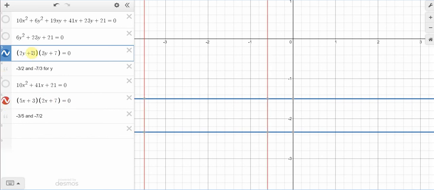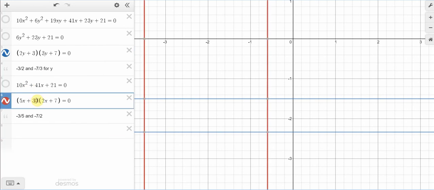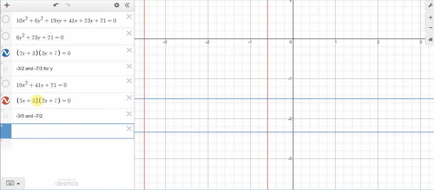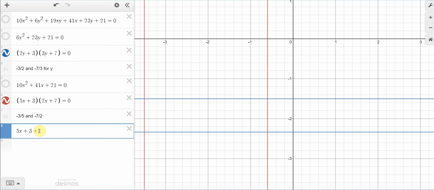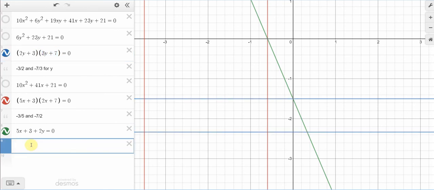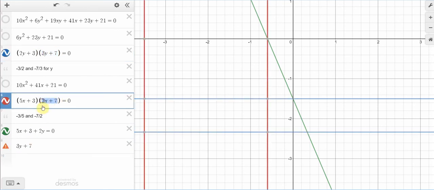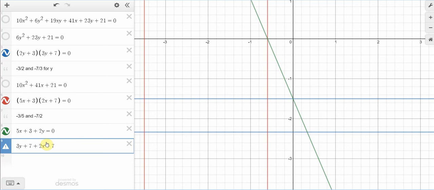So now you can see the constants are the same. So now if we merge this one and this one, put equals 0, we get a line, and then we merge the second one with the second one, oh sorry, and we get another line.